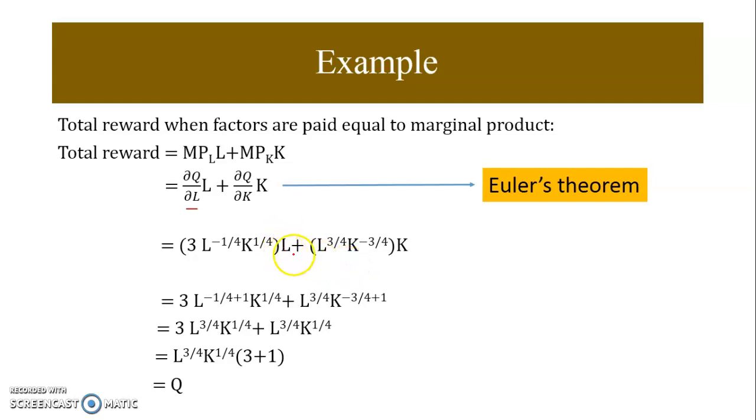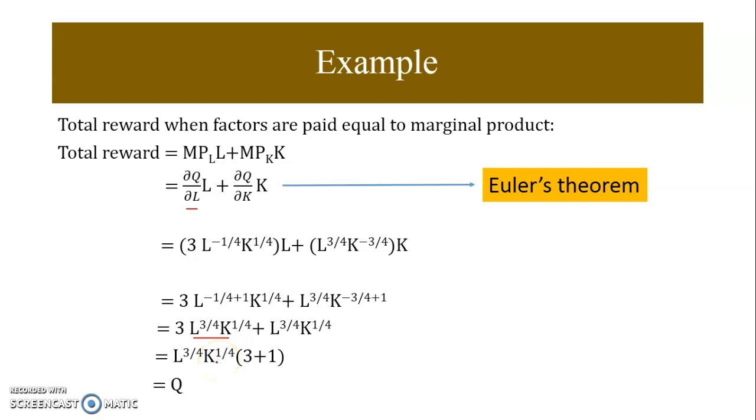Then we multiply this with L and K respectively. When we multiply this with L, the power will be added, that is minus 1 by 4 plus 1, and in this case the plus 1 is added with K. Okay, now when we add this, this becomes 3 by 4, and in this case K has become 1 by 4. Okay, and now we have taken this as common.